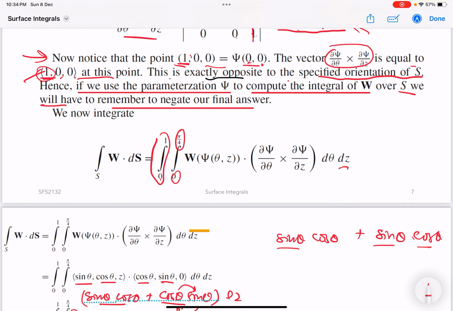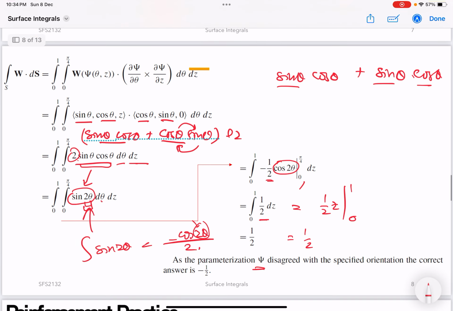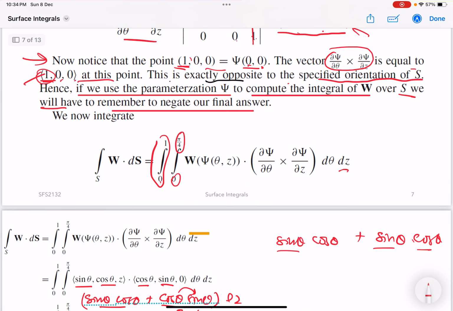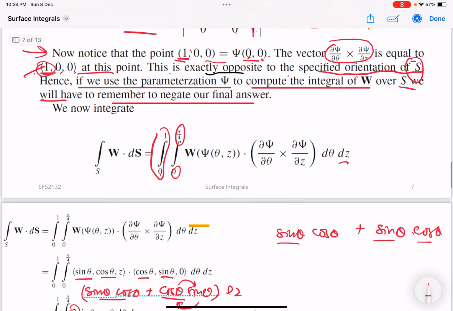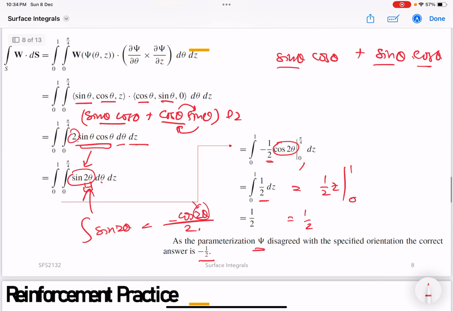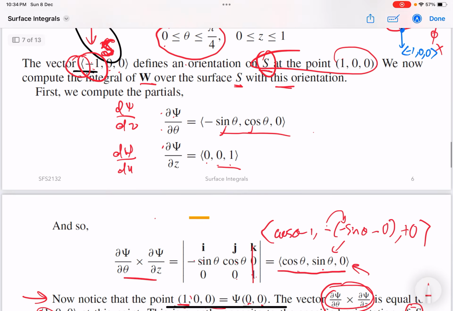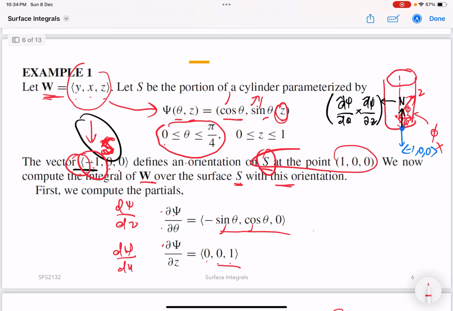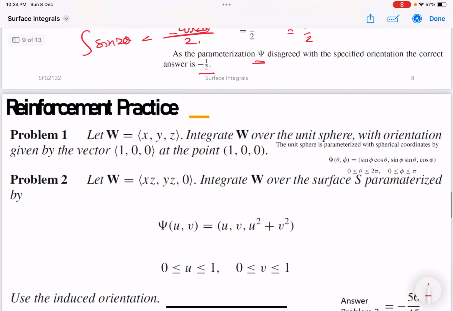If the vectors are in the same direction, you just take the answer straightforwardly. But if the vector orientation from S and the parameterization is in the opposite direction, with opposite sign, we can just change the sign. So the integral over the surface, under this component, equals half, 0.5.